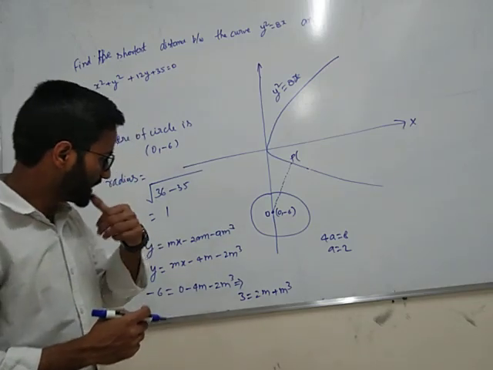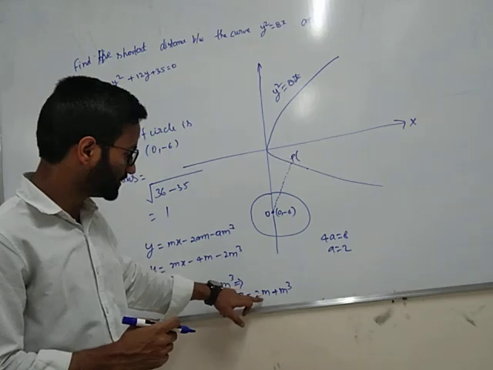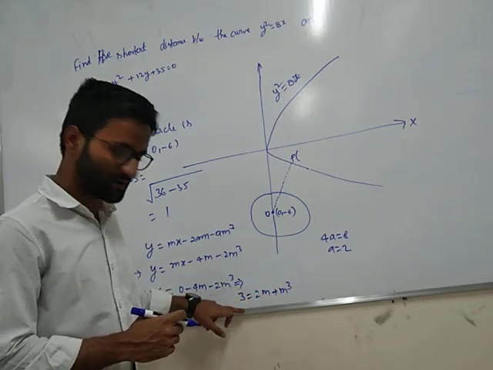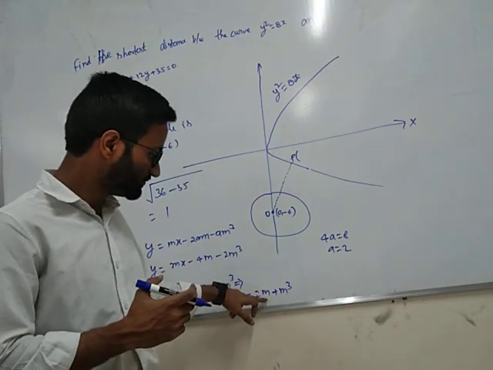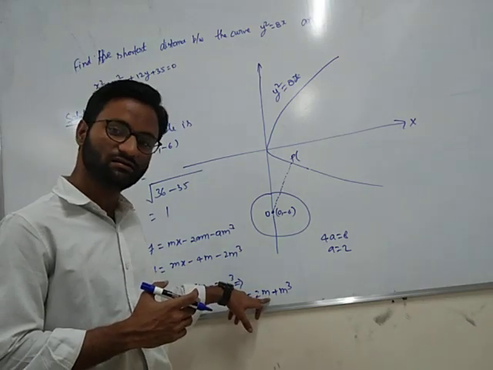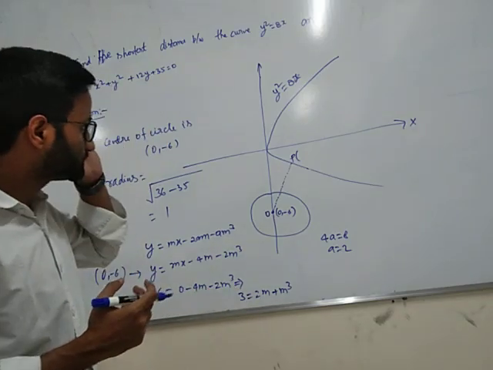If I put m is equal to 1 here, this gets satisfied. So m minus 1 is one factor of this cubic equation.